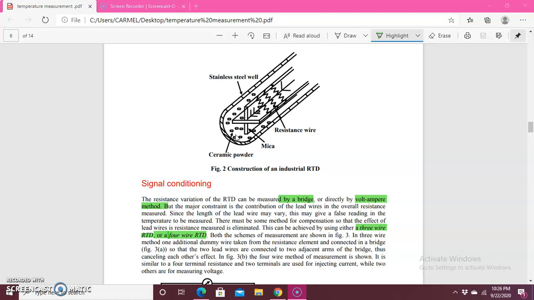Mainly they focus on platinum to get a highly accurate value. So this is the RTD construction. Then RTD, how many combinations, and how we call the RTD a PTC. I think you would have understood from this explanation, right? Okay, thank you.